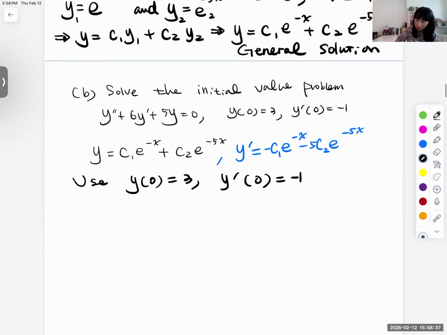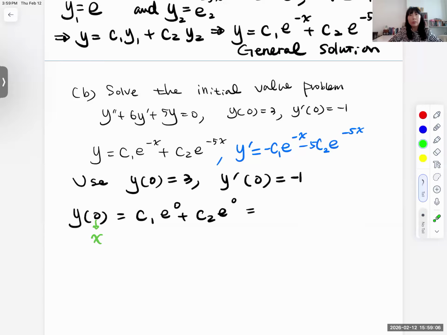So y of 0 equal to, we have c sub 1 e to the, that means x equal to 0, right? So e to the negative 0 plus c sub 2 e to the 0 as well, right? Okay, then what do you get? So, hold on one second.